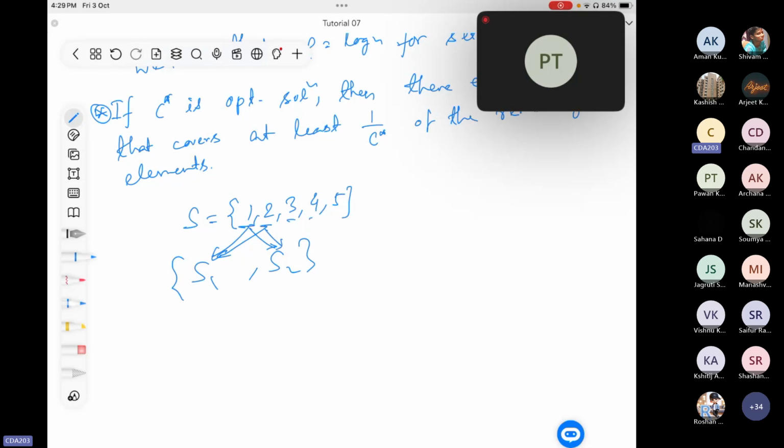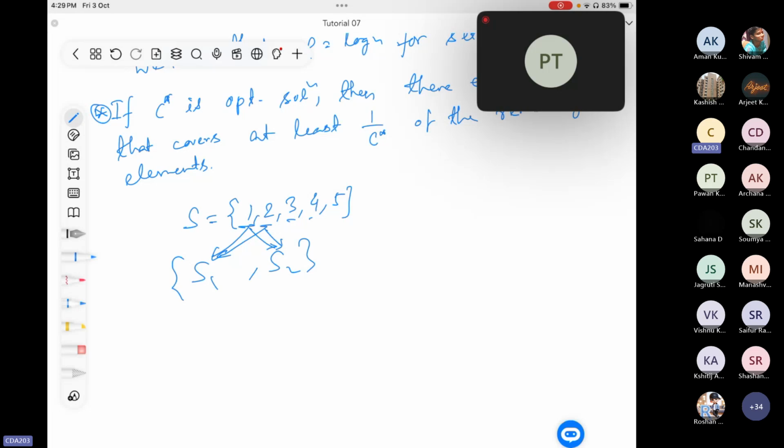Each element has these two choices, that it can go to one of these places. If you start distributing those numbers 1, 2, 3, 4, 5, you put one in S1, you put two in S2, then you put three in S1 again, then four in S2, then five in S1 again.